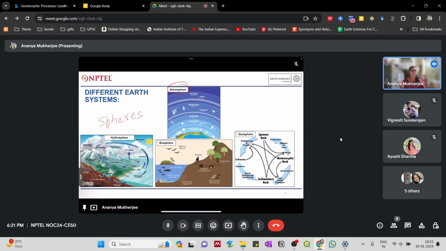After condensation, it transforms into rainwater or snowfall in precipitation format. Then the precipitation transforms into surface water or groundwater, and these travel back to the larger water bodies where the evaporation again takes place. So this is a cycle, and this is also a sphere.